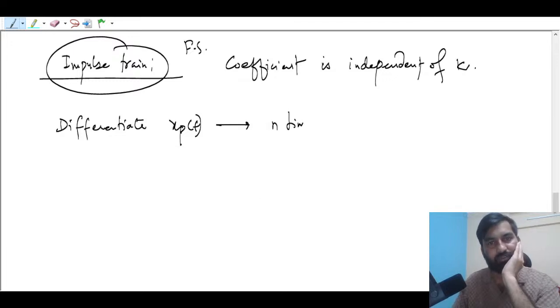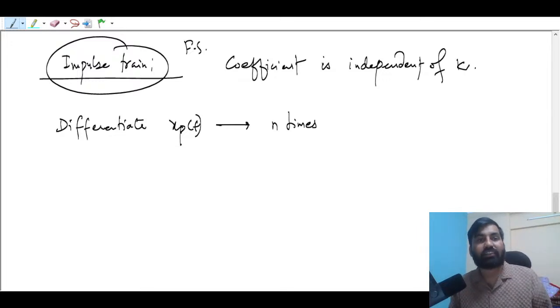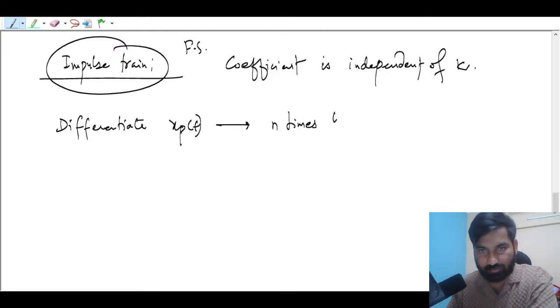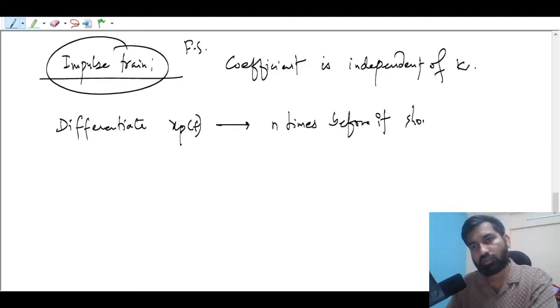N times. Why are we differentiating n times? So that we can get the first impulse. You have to differentiate n times before it shows the impulse.